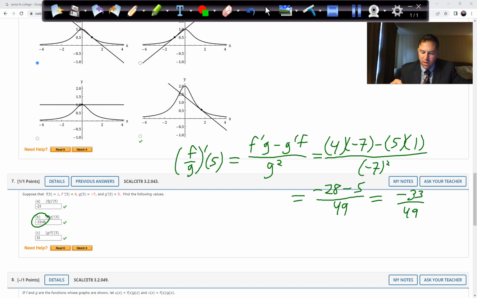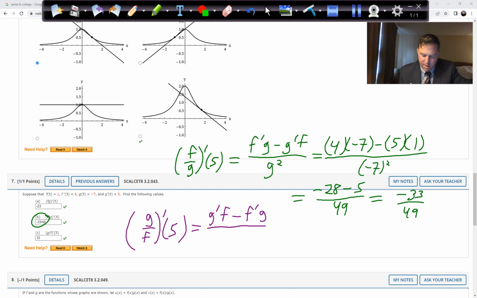Okay, in the next one, let me not erase this because it might be easier to see. They want us to do (g over f) prime evaluated at 5. So all we have to do is swap the letters from f'g minus g'f. So instead of f prime, it's now g prime. Instead of g, it's now f. Minus g prime is now f prime, times f, which is now g, divided by not g anymore, f squared.